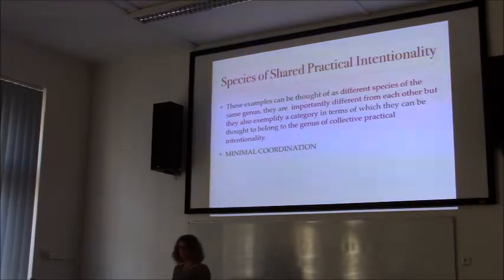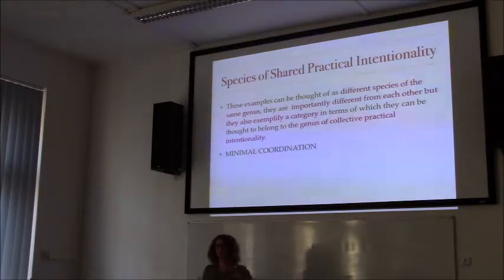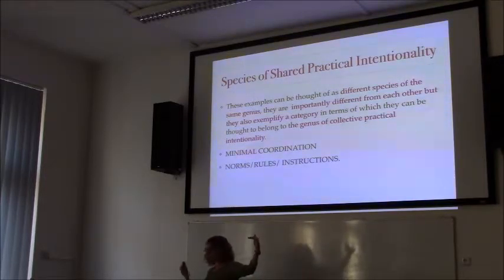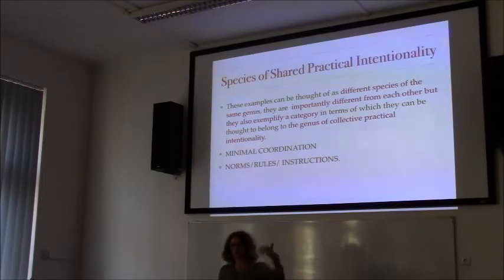So here we have minimal coordination cases, the cases in which this structure is given by spontaneous activity, with no rules, norms, or instructions. Then there are cases in which structures are given by non-rules of instruction.